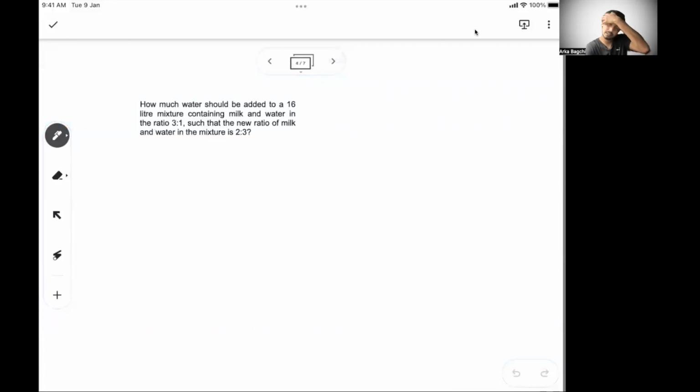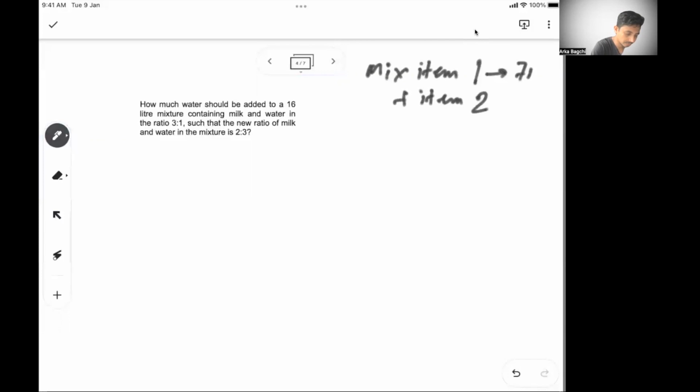Before that, to revisit, if you mix item 1 with, let's say, item 2, and this typically has 7 rupees per kg, and this is typically 5 rupees per kg, what will be the mixture's price if you mix in certain quantities?